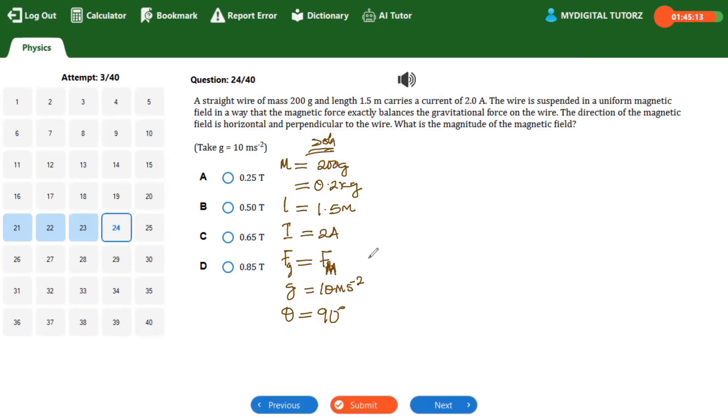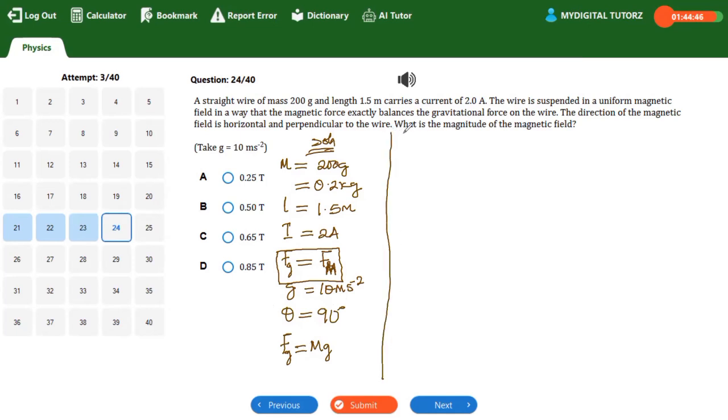So when you have itemized this, you now come back to this particular balancing. The gravitational force they are talking about here, since it was suspended, is the weight of the wire. So Fg is the same thing as mass of the wire times acceleration due to gravity. Is that understood?